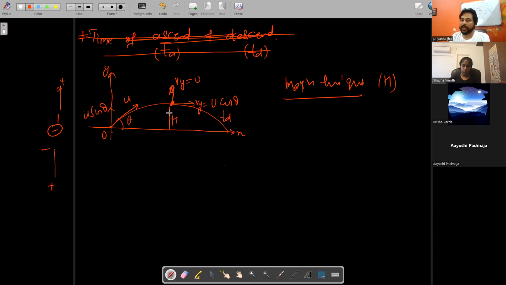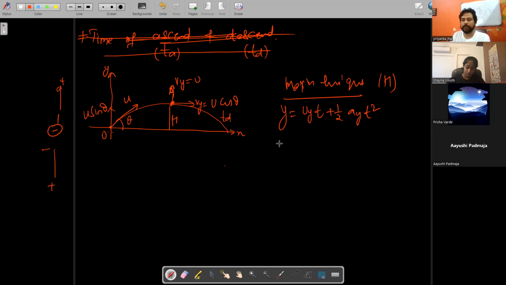This is the displacement along the y-axis, and we have taken upward direction as positive. So we'll apply this formula: y equal to ut plus half at squared. As per Galileo's statement, we can treat the y direction independently. The displacement along the y-axis is from here to here, this h only.